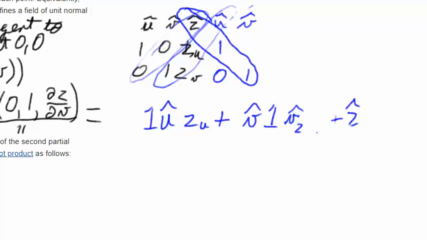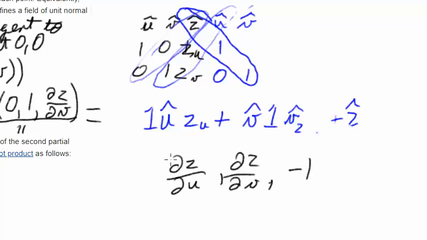In vector form, rather than using u hat, v hat, and z hat, we'll just write this as del z del u, comma, del z del v, comma, negative 1.